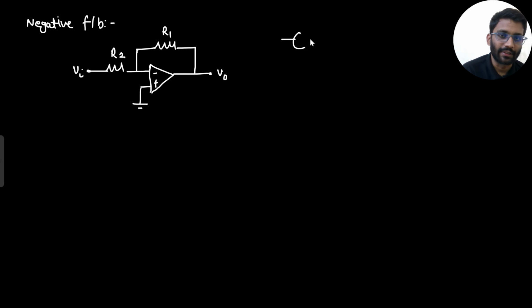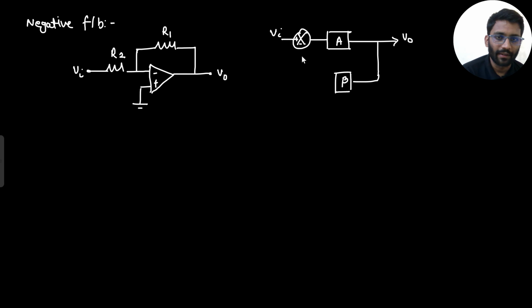Let's make a simple control system that you have studied. Vin, this is gain A, then output goes, then it comes back and is fed back, right?